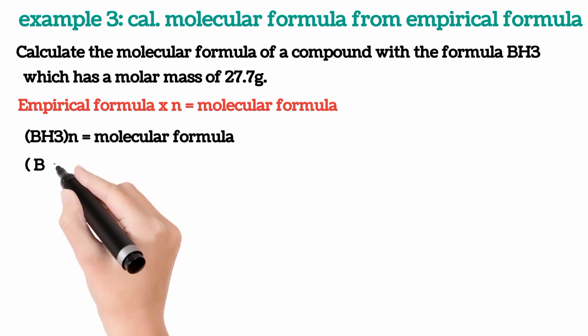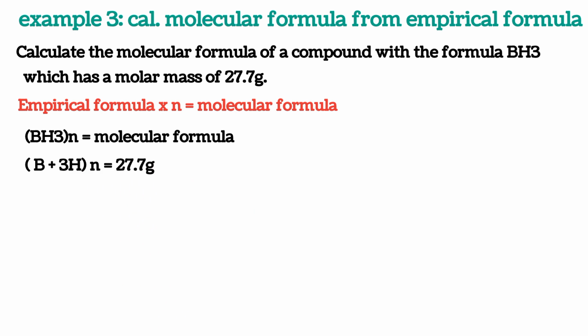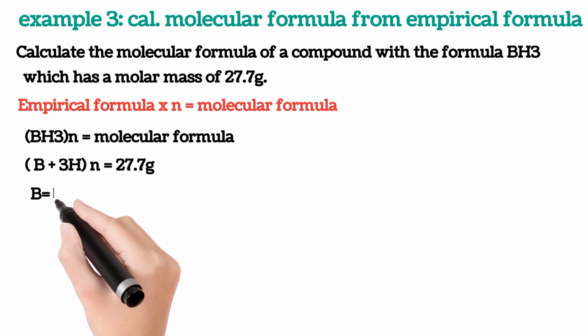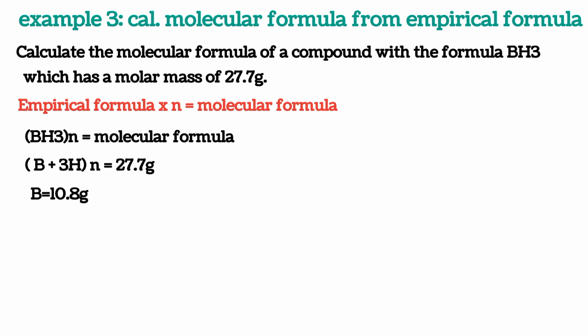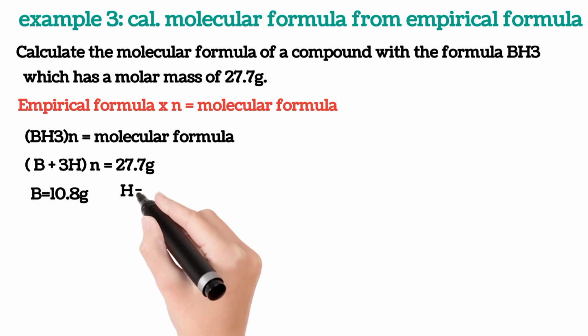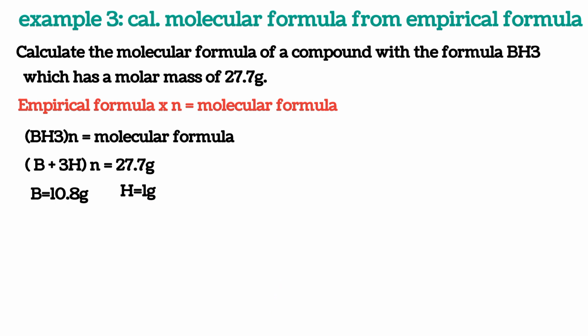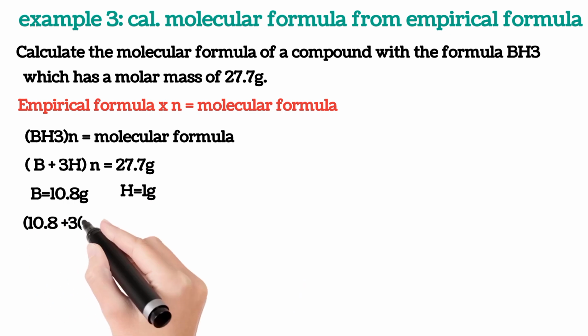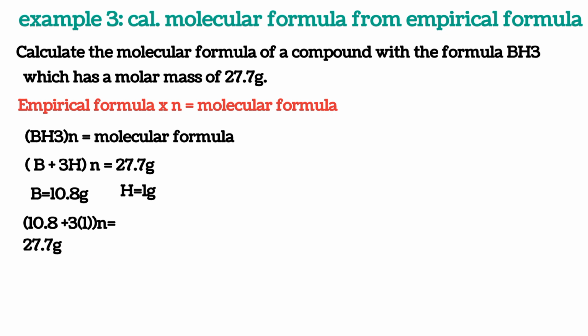That implies that we calculate the molar mass of BH3, times n, which will be equal to the molecular formula, which is 27.7 grams, already given in the question. Now, the relative atomic mass of boron is 10.8 grams, and that of hydrogen is 1. So we get the molar mass of the empirical formula: (10.8 + 3 × 1), because there are 3 atoms of hydrogen, times n is equal to 27.7 grams.